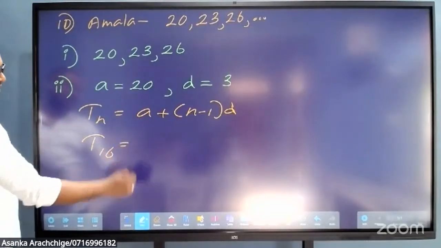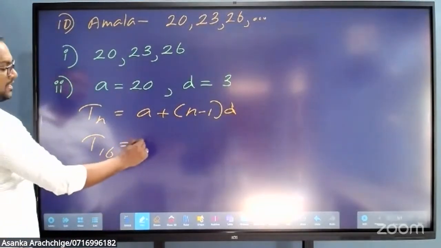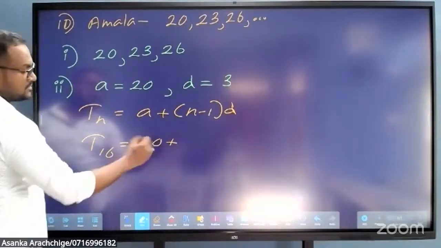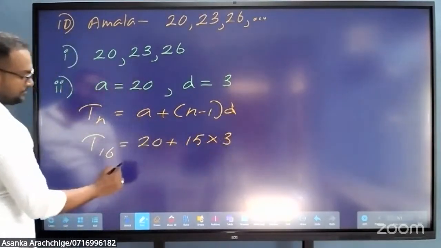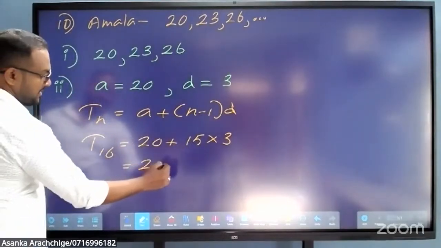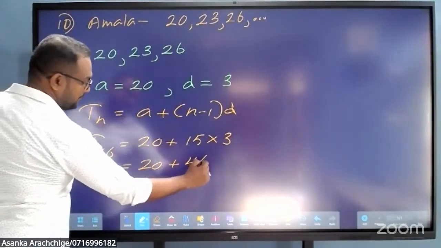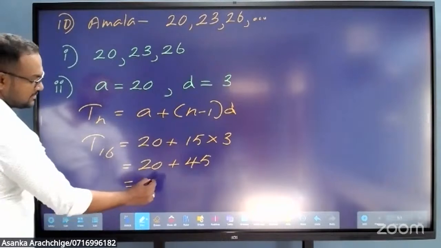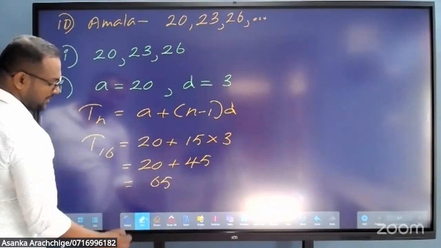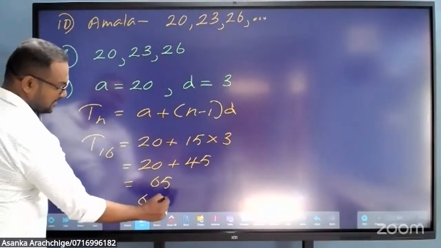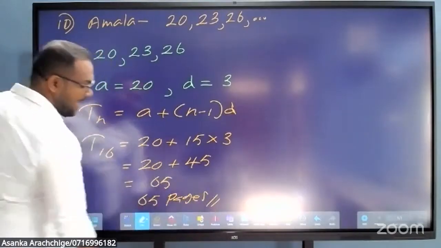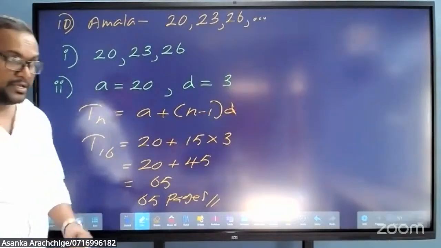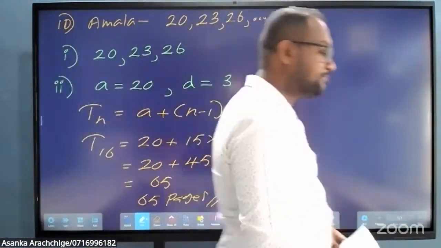T16 is 20 plus 16 minus 1, 15 times 3. 20 plus 45. Answer: 65 pages. 65 pages on the 16th day.